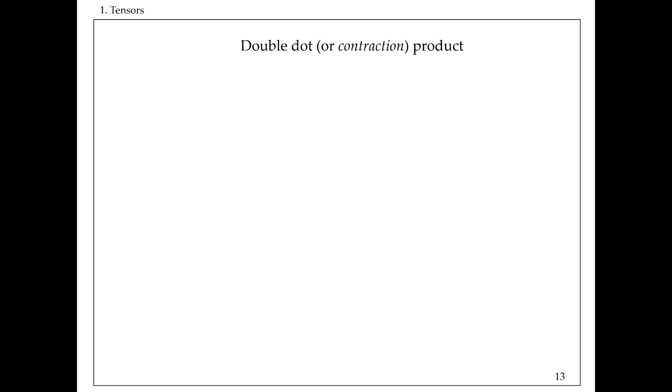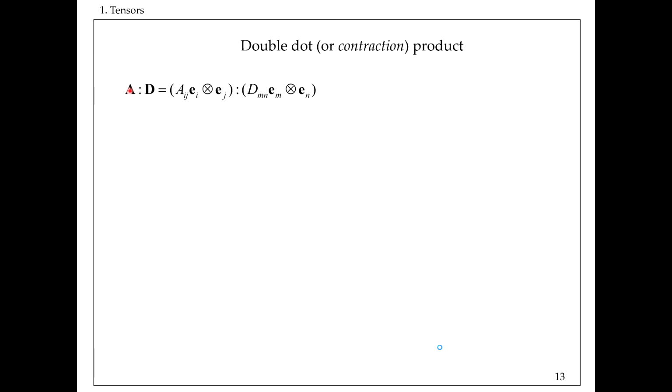But we have higher order creatures, and actually sometimes it would be more useful for us to have a double dot product of this. And so interestingly, when we write the double dot product or contraction of two second order tensors, the result of that is that we produce a scalar, and that is similar to vectors.